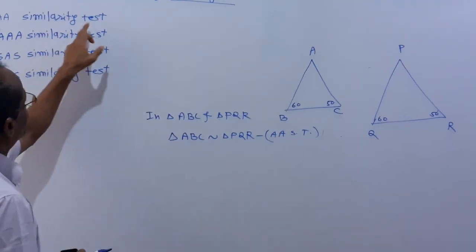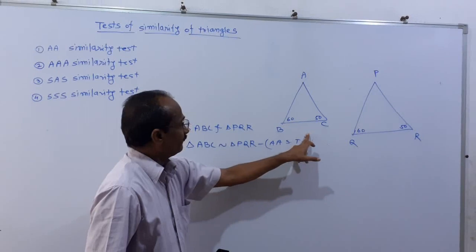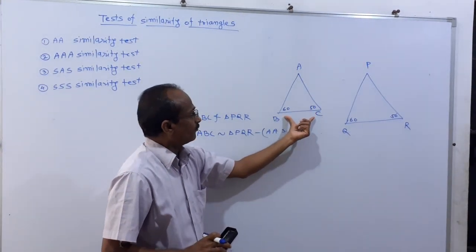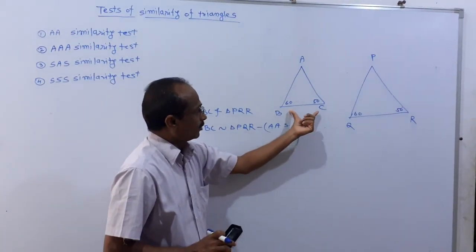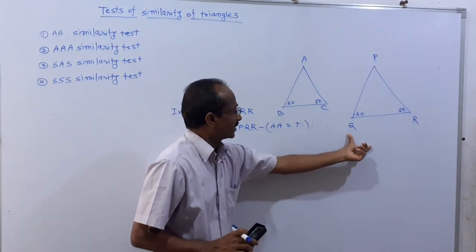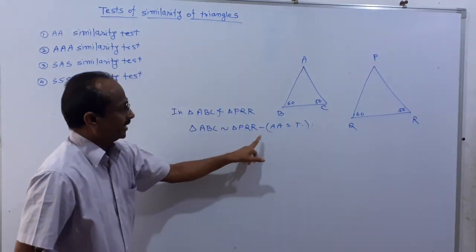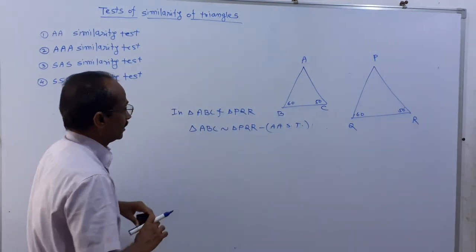So the AA similarity test is like this: for two given triangles, if two angles of the first triangle are congruent with the corresponding pair of angles of the other triangle, then these two triangles are similar by the AA similarity test.